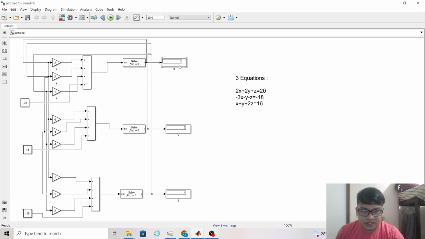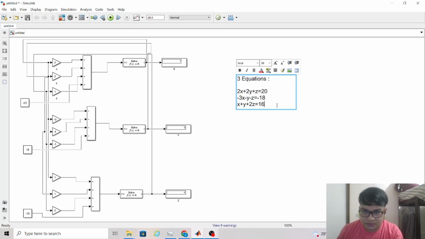So here we have x is 3, y is 5, and z is 4. For checking, let's check here manually. Let's substitute: 2 times 3 plus 2 times 5 plus 4 equals 20.